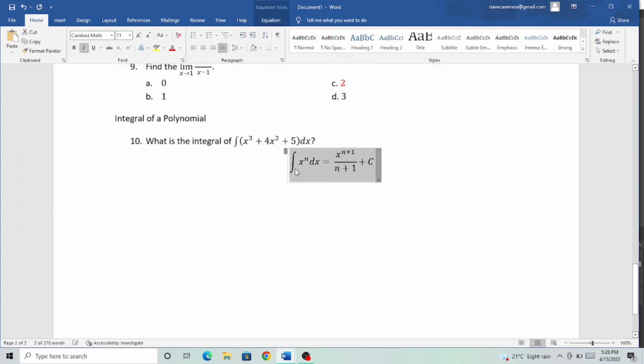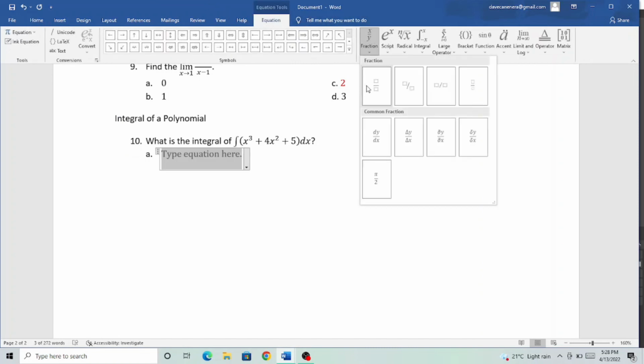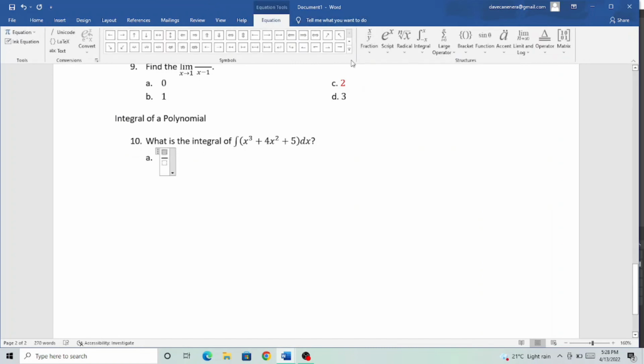So by applying this in our item, the result will be x to the power of 3 plus 1, which is 4, n plus 1, 3 plus 1 equals 4.